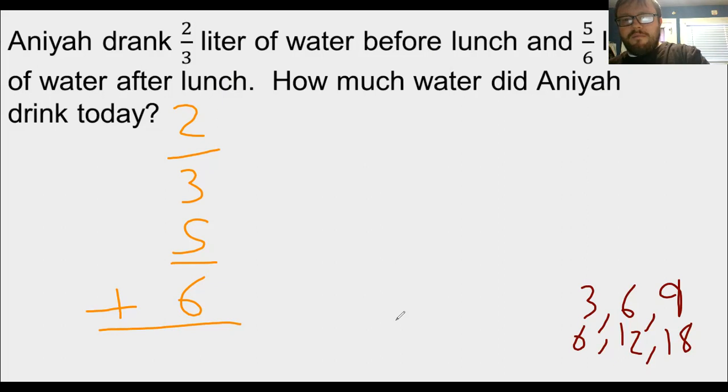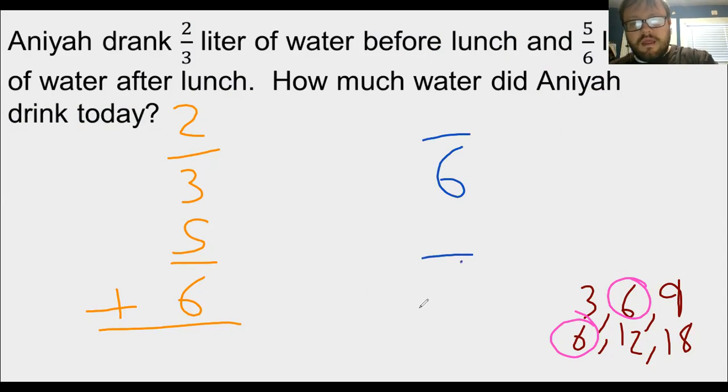And my least common multiple for both of these is 6. And that says, okay, your new denominator is 6. So I give myself some space, and over to the side, I put 6 and 6 as my new denominator.